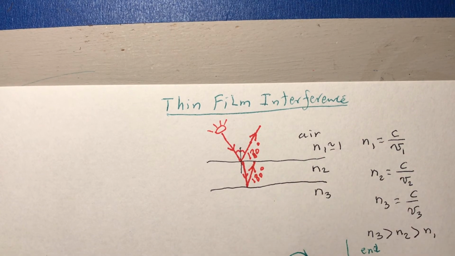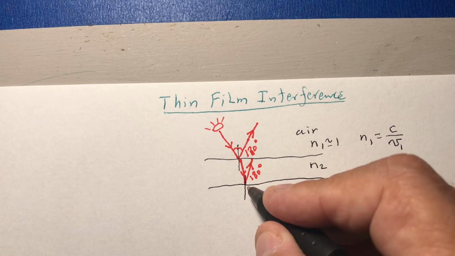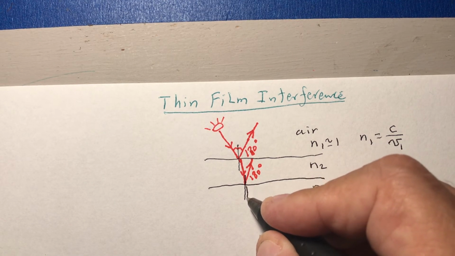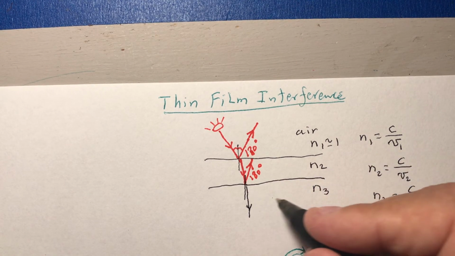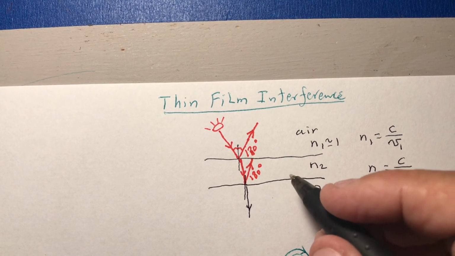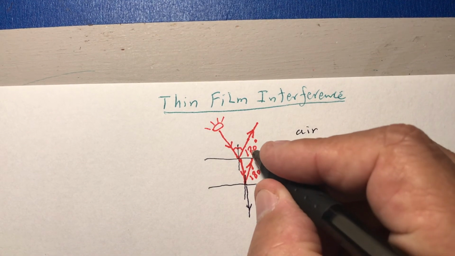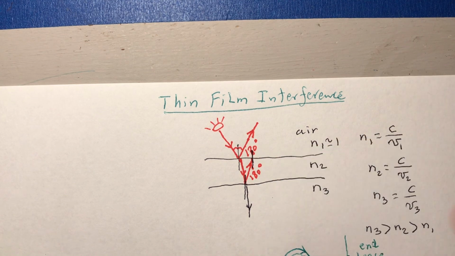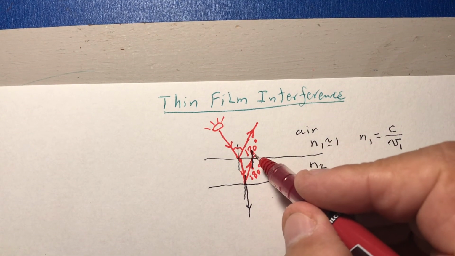And then some of the light will get reflected, but some of the light will refract. So we have refraction, go like that. I made the angle so small because N3 is bigger than N2. Now what's going to happen here, this light that got reflected here is going to refract like that.